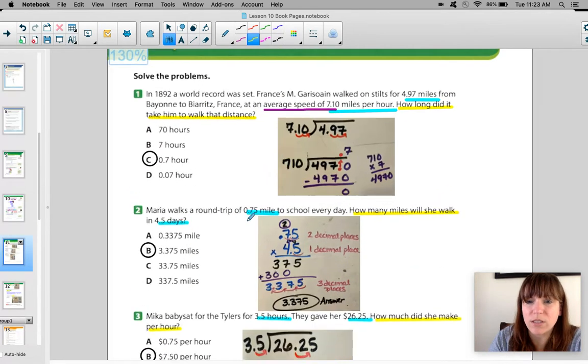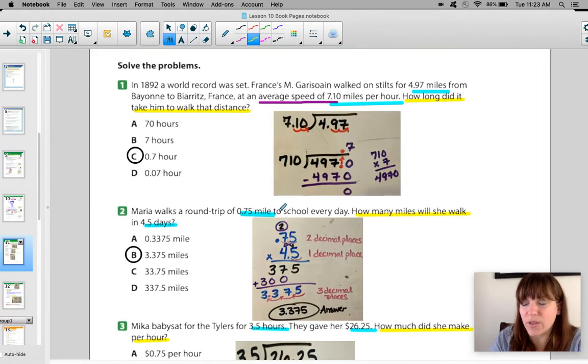Number 1 was a little tricky because of the numbers. The number of miles that he's walking is actually smaller than the miles per hour that his speed is. So it might have been confusing because you normally have the larger number 7 being divided by 4.